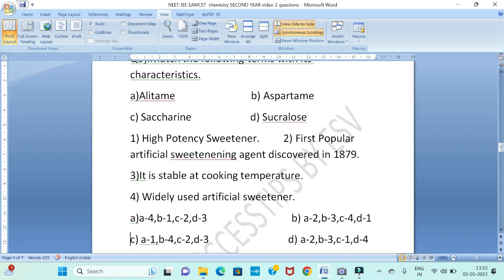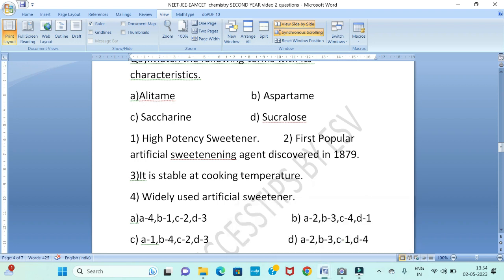Aspartame is unstable at cooking temperature. SS is matching, stable. A is U, unstable. AEIOU vowels. Like that you can remember.